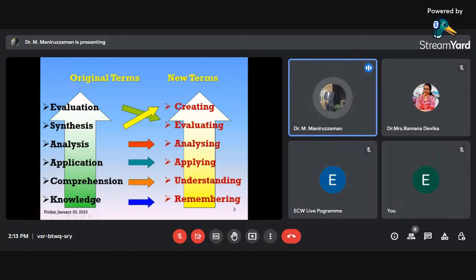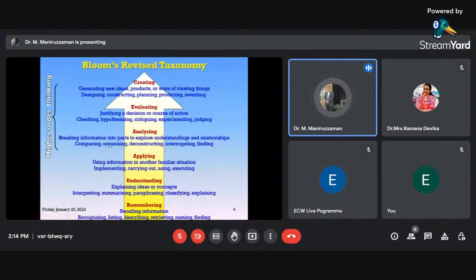Analyzing means breaking information into parts to explore understandings and relationships: comparing, organizing, interrogating, finding. Then applying means using information in another familiar situation: implementing, carrying out, using, and executing.